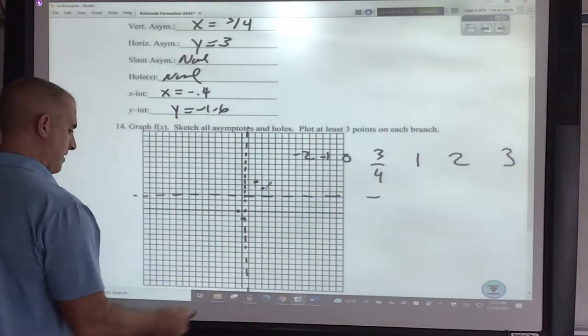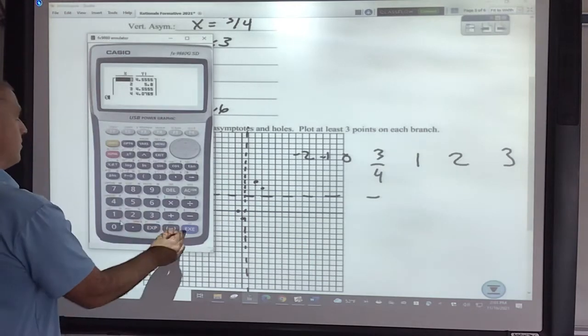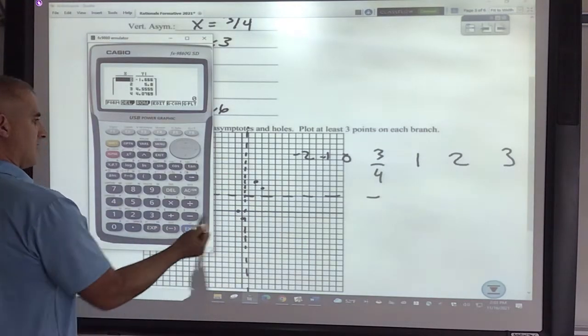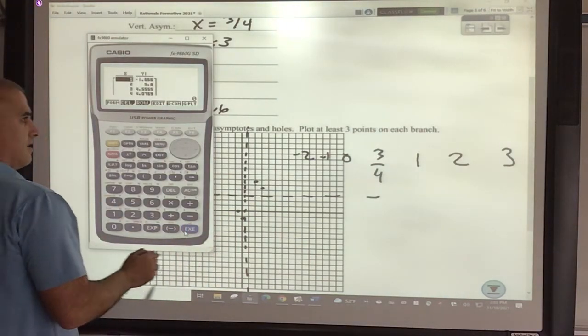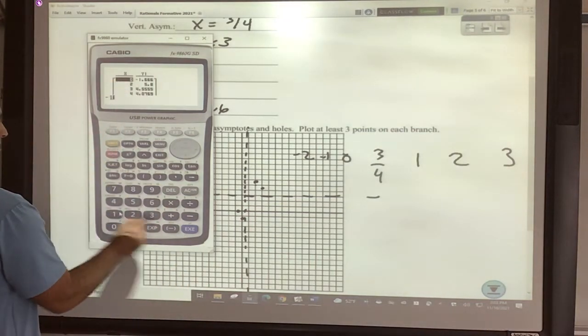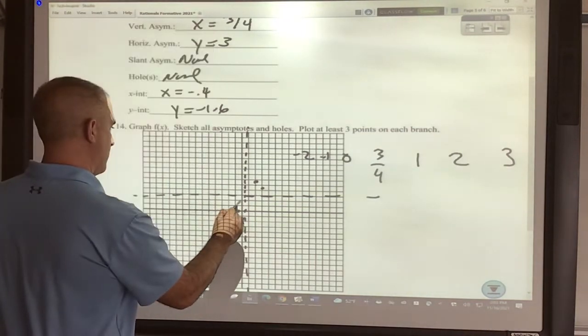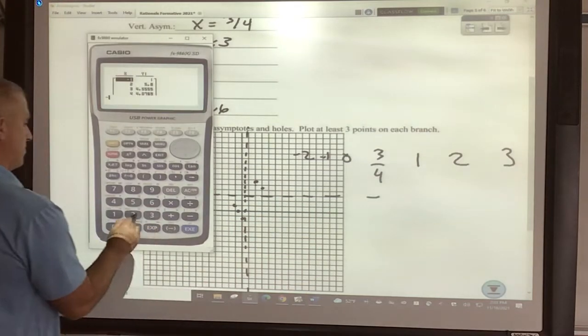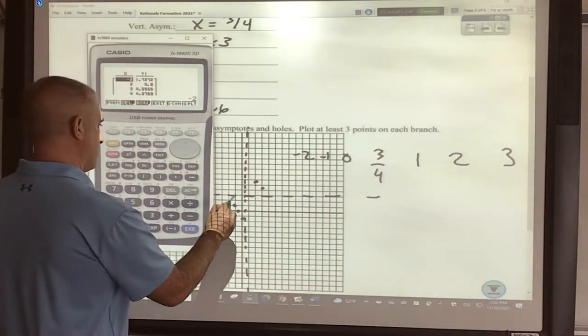Then 0, I'm at -1.6, I already have that. At -1, I'm at 1, and then -2, I'm at 1.7.